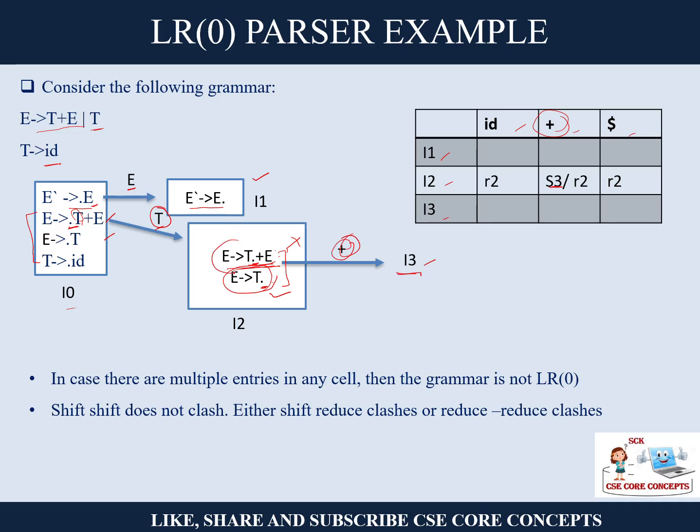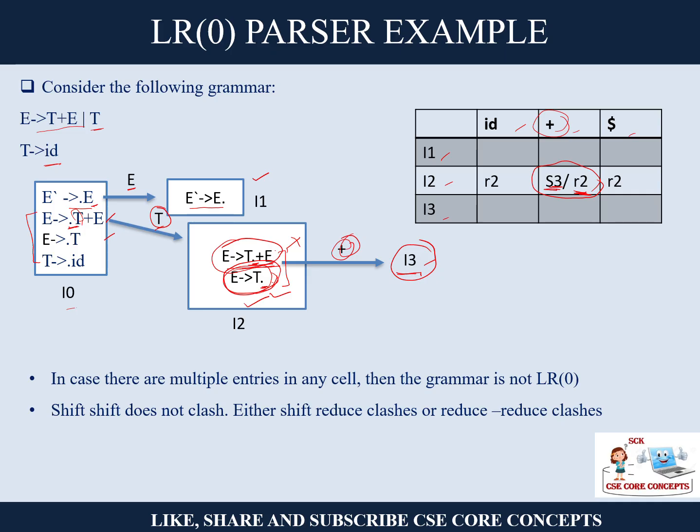Because of this rule, you are shifting to closure I3 with plus. But in the second rule, it is getting complete. So it will take the form of a reduce rule, right? Here it is shift, here it is reduce. So shift and reduce both are there in the same cell. That is why this is a wrong case, or not an LR0 grammar.